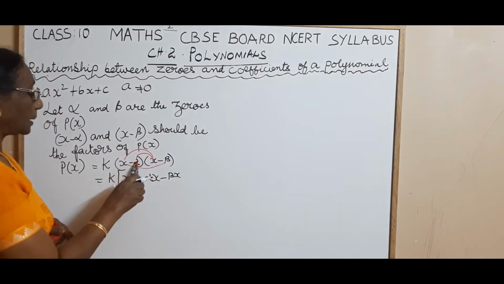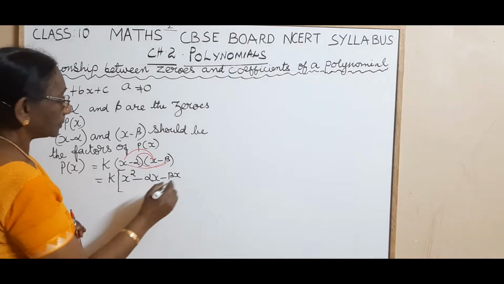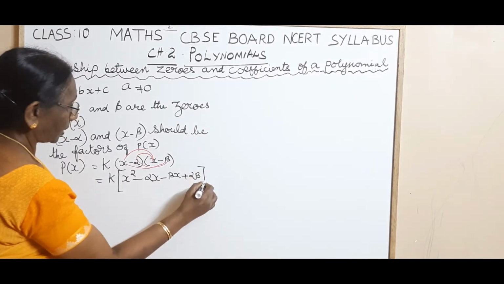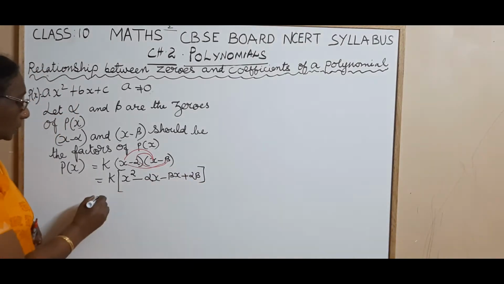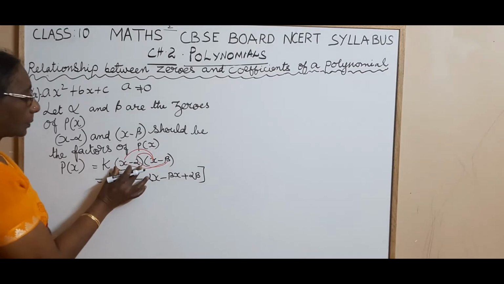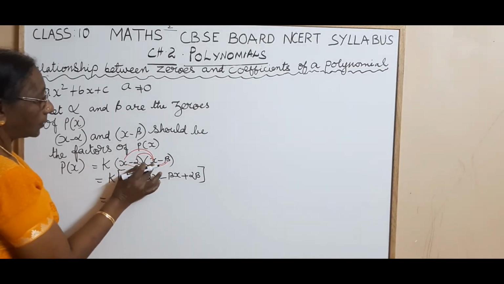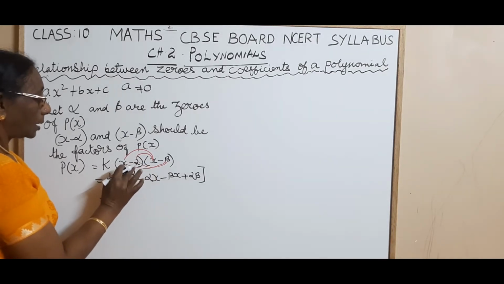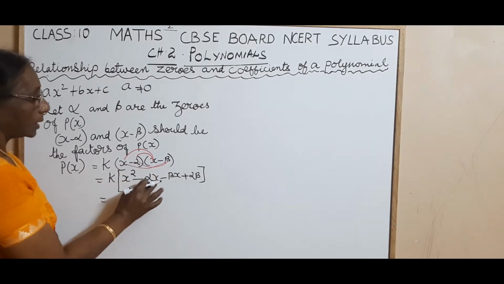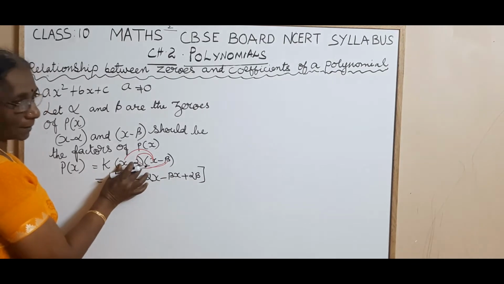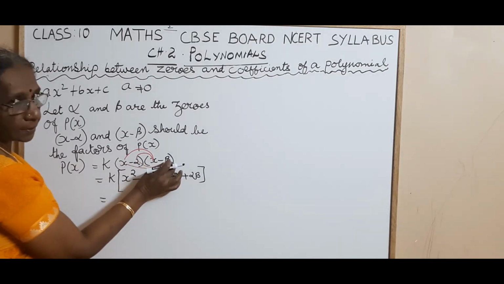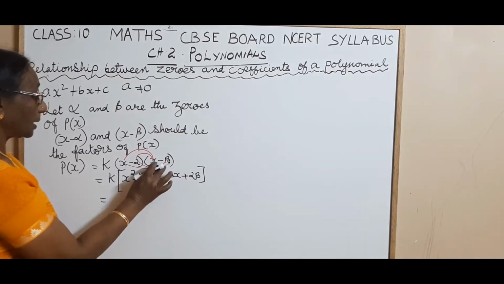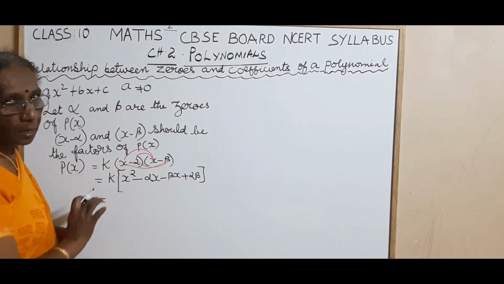Then let us multiply alpha and beta. So first we will multiply x minus alpha by x. x into x is x square, x into alpha is minus alpha x. The same way then we multiply by this minus beta. So minus beta into x is minus beta x. Minus beta into minus alpha is plus alpha beta.